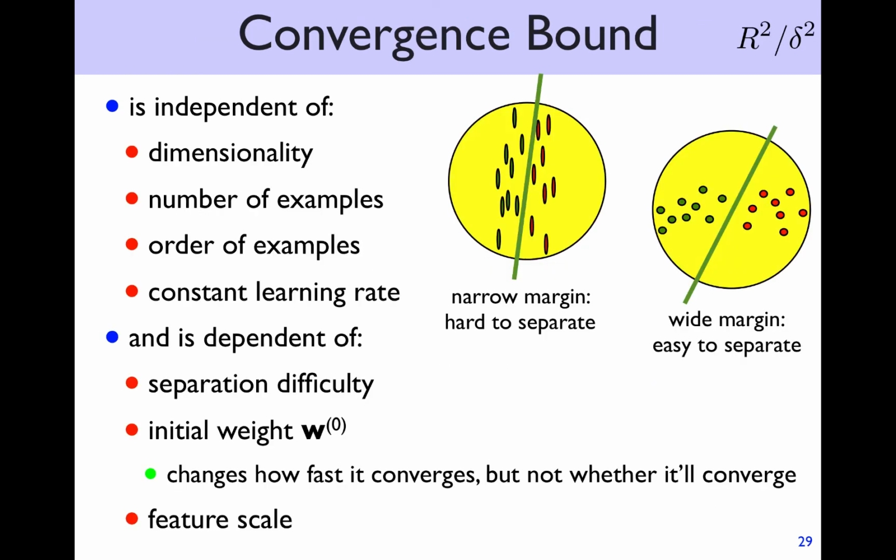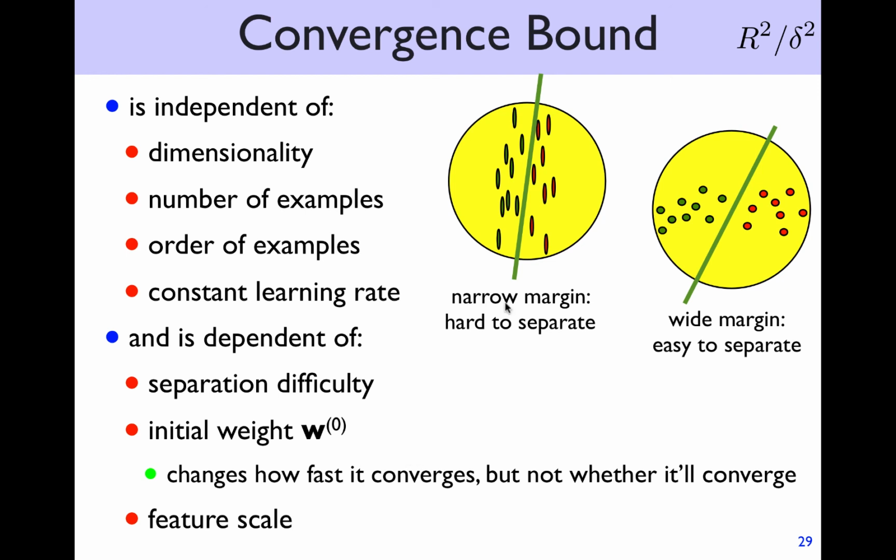And the convergence bound again is in the worst case r squared over delta squared, and it's independent of many things, right? Dimensionality, number of examples, order of examples, and constant learning rate, right? Because if I change the learning rate to 2, or let's say 200, it doesn't matter at all. But it's dependent on the separation difficulty, that is the scale of delta.